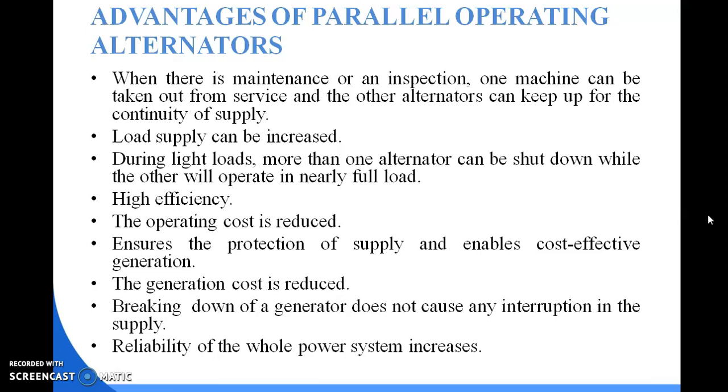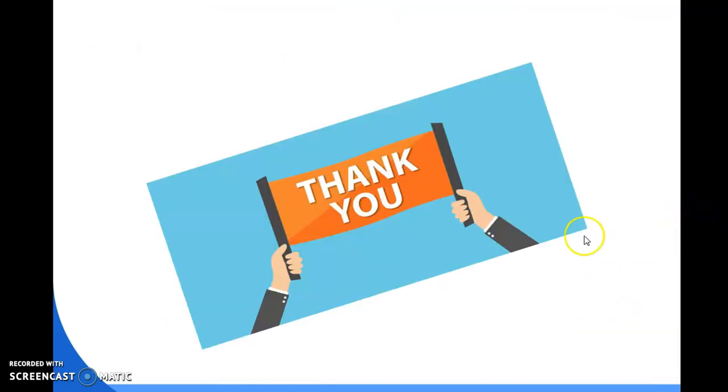It's economically preferable. The generation cost is reduced and breaking down of a generator does not cause any interruption in the supply. Lastly, reliability of the whole power system increases as there is very little possibility of interruption in the supply. Thank you.